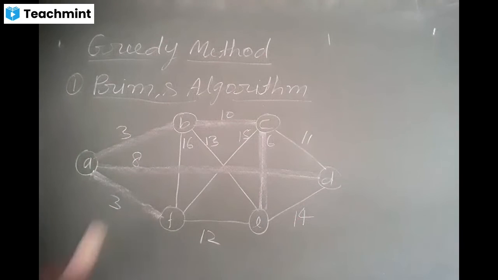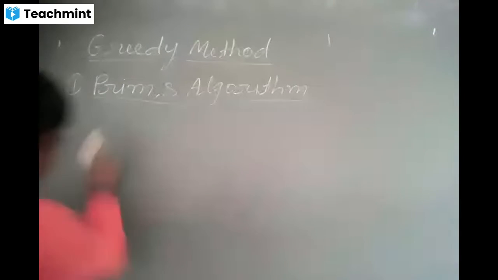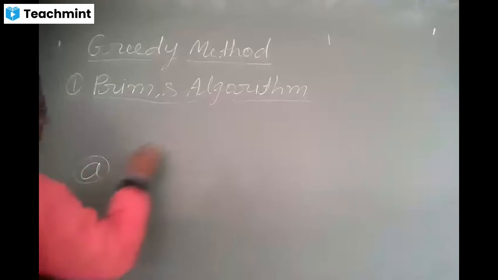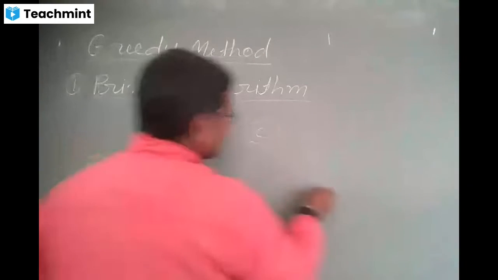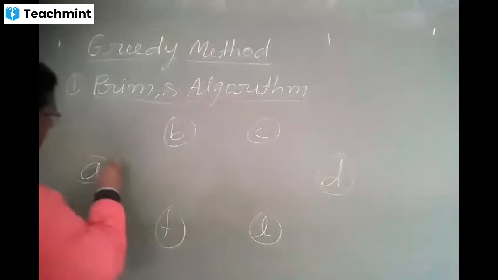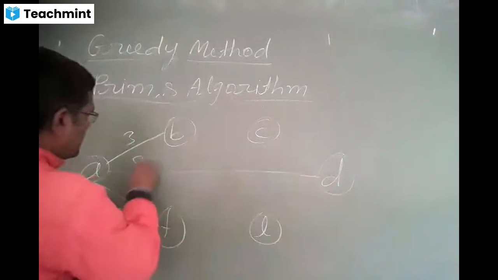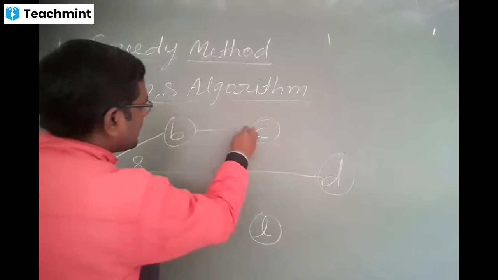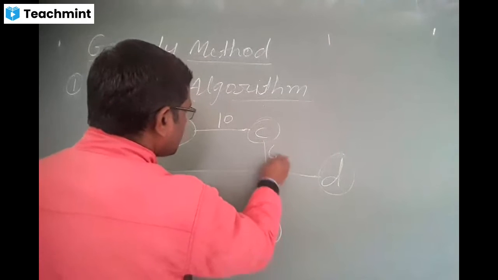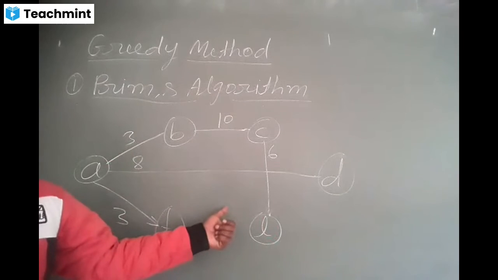So see here, the spanning tree of this graph will be like this: A, B, C, D, E, and F, with edges 3, 3, 8, 10, and 6.